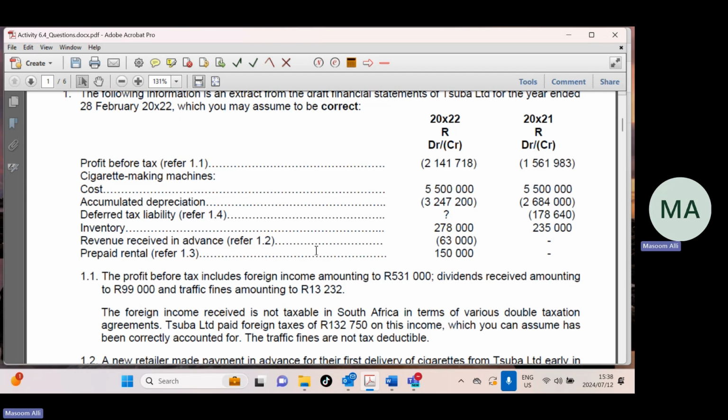Okay, so make sure that you don't overlook this and that you don't forget about linking all of this, because that is what's going to make sure that you account for what needs to be accounted for properly, and it gives you some structure in the way that you're doing your question. Okay, often we see students look at the profit before tax and completely ignore this. The reference is usually given. Your lecturers will generally do that, but for some reason, students decide to ignore it.